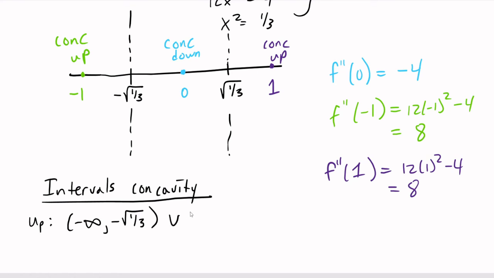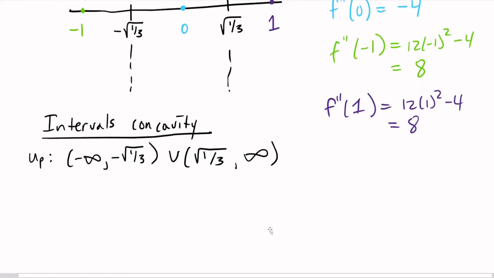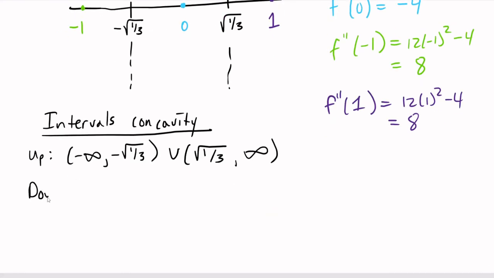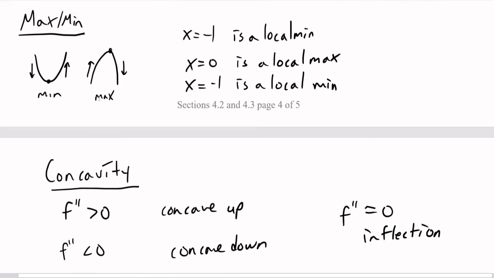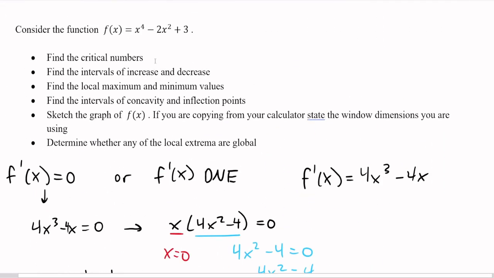And then I'm also concave up from positive root 1/3 to infinity, and I'm concave down from negative root 1/3 up to positive root 1/3. Done. There you go. That's it.